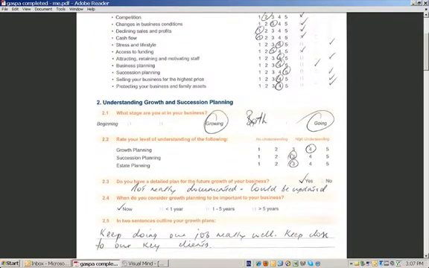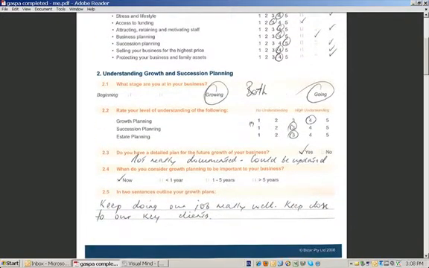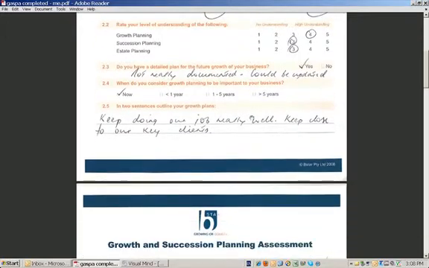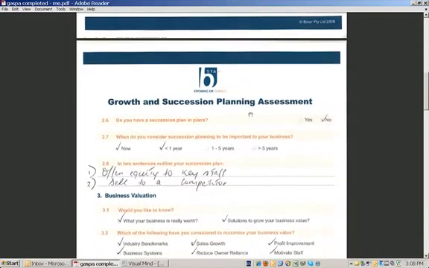So continuing, we want to find out what stage the business is at. In this case, they want to grow, and they also want to develop their exit strategy, and they know that they need to continue to build and grow a sustainable business. We also want to find out what their level of understanding is around growth, succession and estate planning, and what plans they've got for the business going forward, particularly around growth. The key top of mind issue for these owners is succession. They don't have a succession plan.